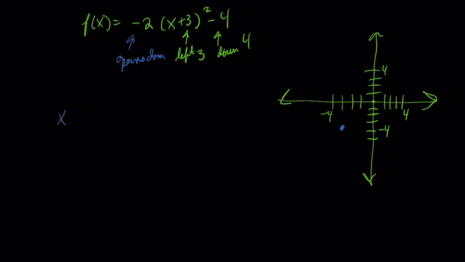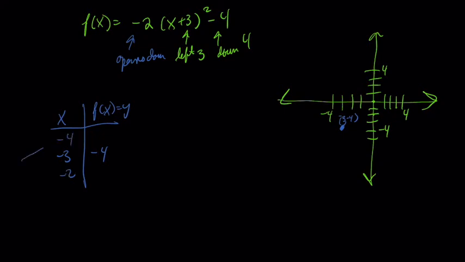So if I'm going to graph a parabola, I need 3 points. So I'm going to pick some x values that are really close to the one point I already have. So when x is negative 3, y is negative 4. Okay? I know at negative 3, y is negative 4, or f of x. Remember, f of x equals y.